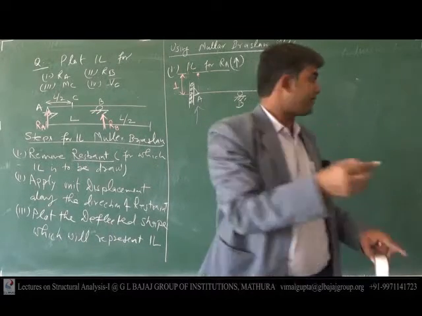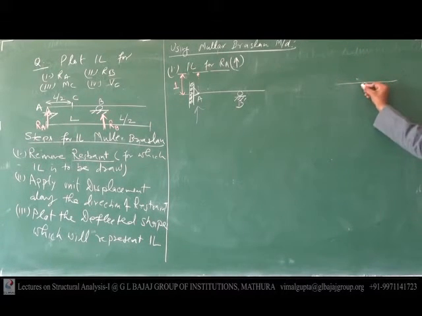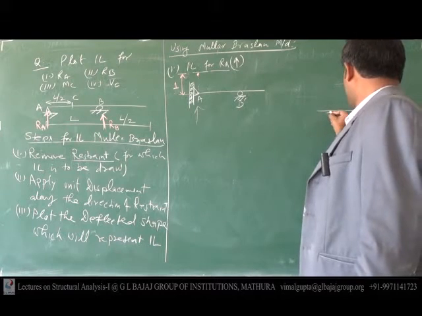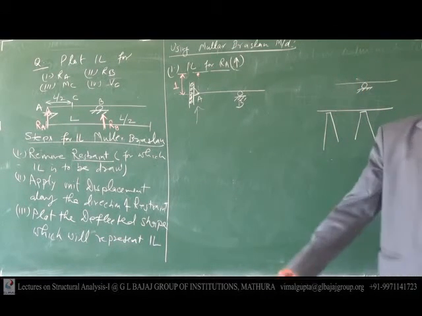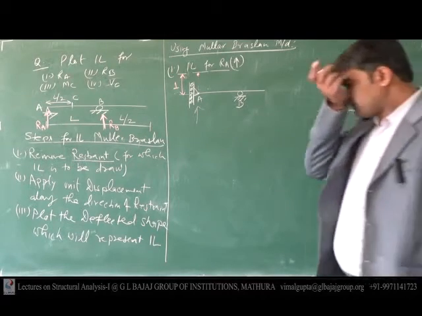We cannot support any beam at a single point. We must have at least two vertical supports. At a single support it will swing.